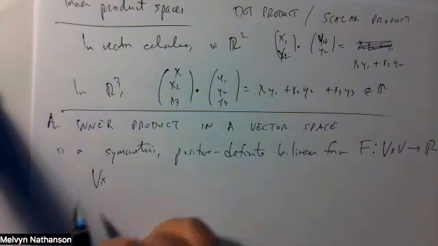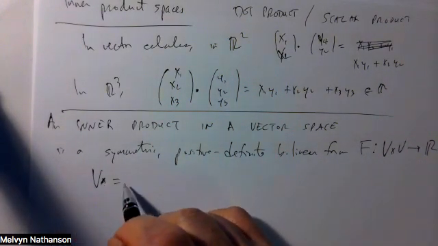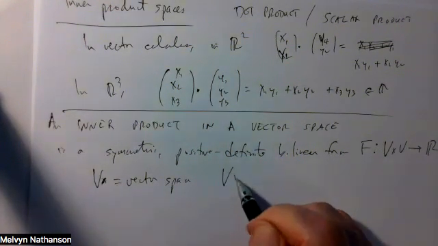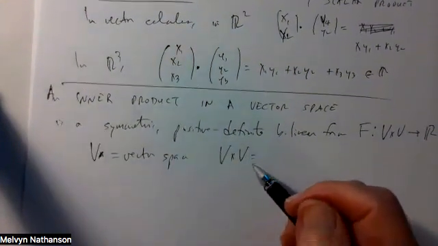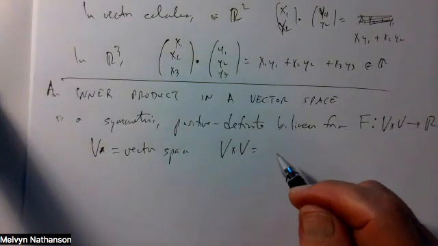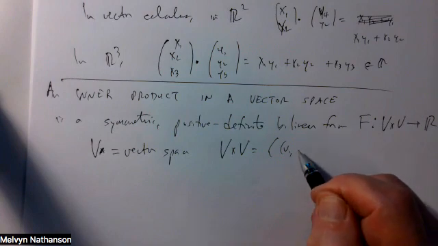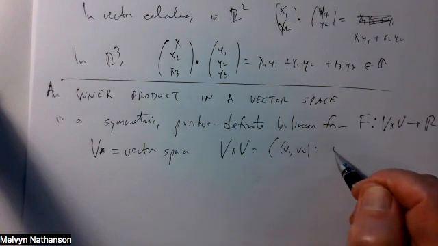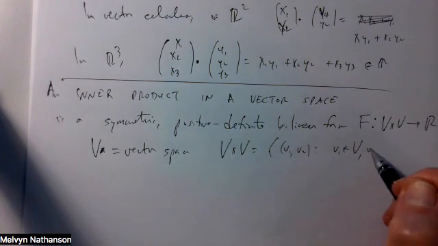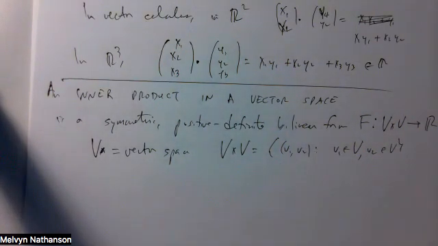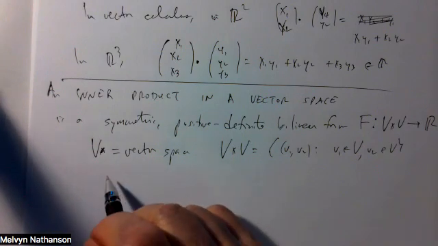V is a vector space, and V cross V is another vector space whose vectors are pairs of vectors (v1, v2), where v1 is in V and v2 is also in V. We can define addition and scalar multiplication coordinate-wise.